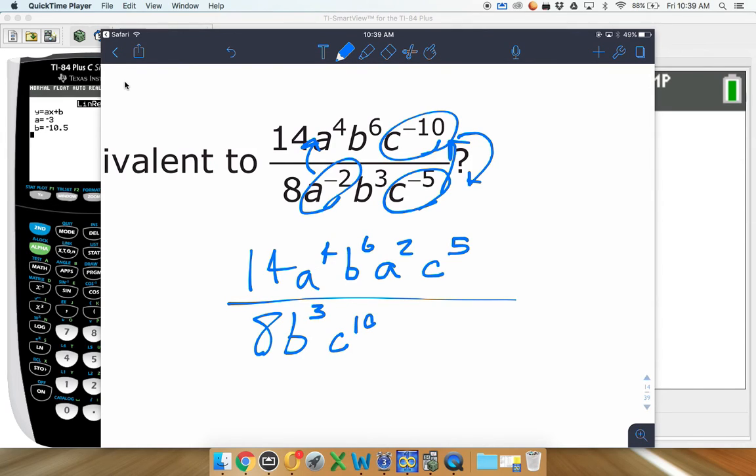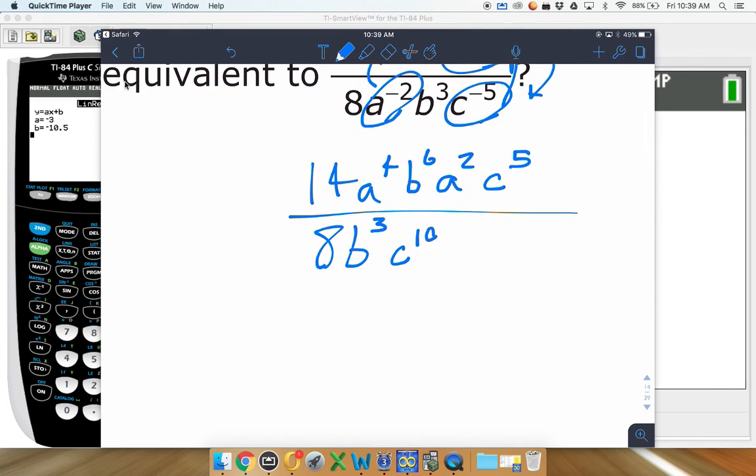And then you're bringing down the c to the 10th. Okay, so now exponent laws tell you to subtract your powers of everything here. The way I do this, instead of thinking, for example with the c's, 5 minus negative 10, and then thinking, oh, I have a negative exponent, I say, is it top heavy or bottom heavy with your different variables? Like for example the c's here, you're bottom heavy on the c's, so I'm going to subtract them.